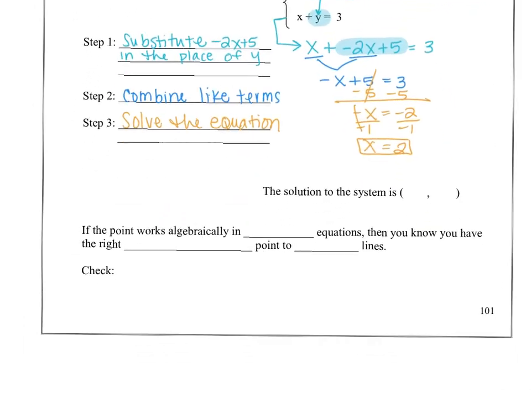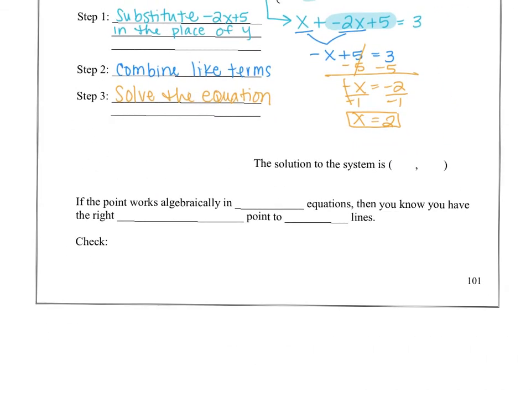But the thing with systems of equations is just like that last section on graphing, when you're solving for a system, you're finding where they cross. So where they cross is always going to be a point. Okay? So it's always going to be an x and a y every time because you're finding where the two lines cross. So we got x is equal to 2, but we need to find y.